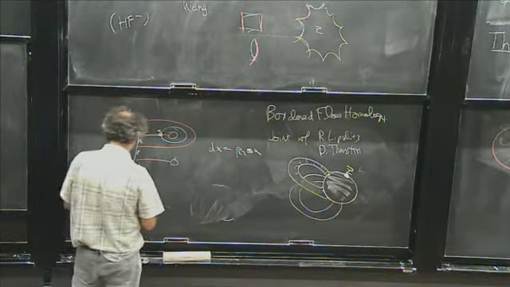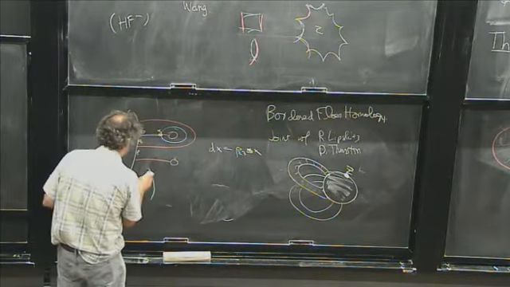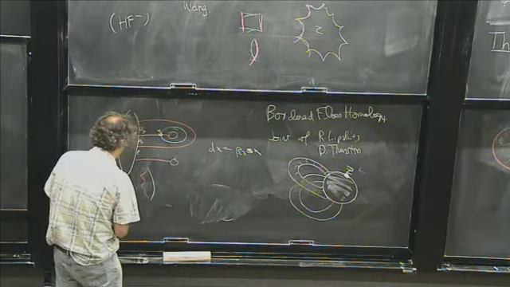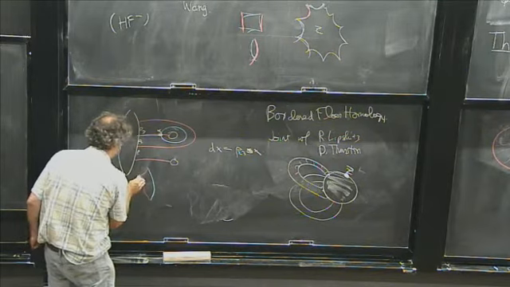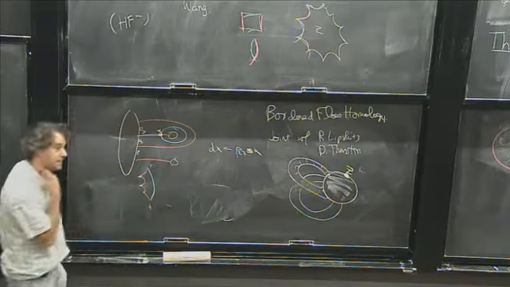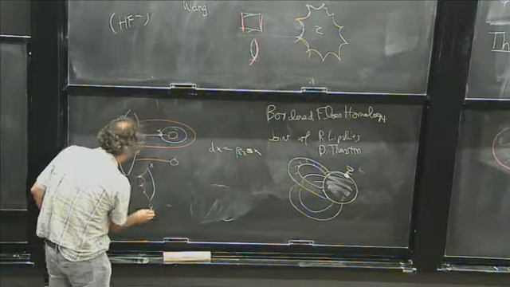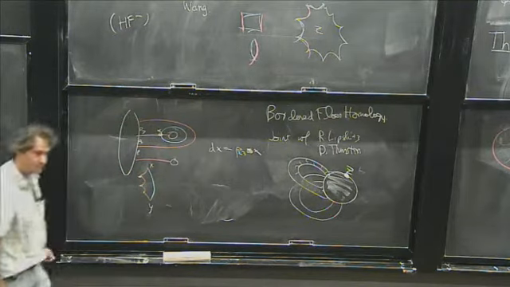The only possible term that could conceivably cancel this is this term. So here I got row 3, row 2, row 3, row 2. Row 2 times row 3 is a valid algebra element. You see, row 3 times row 2 is 0 in our algebra, but row 2 times row 3 is not.